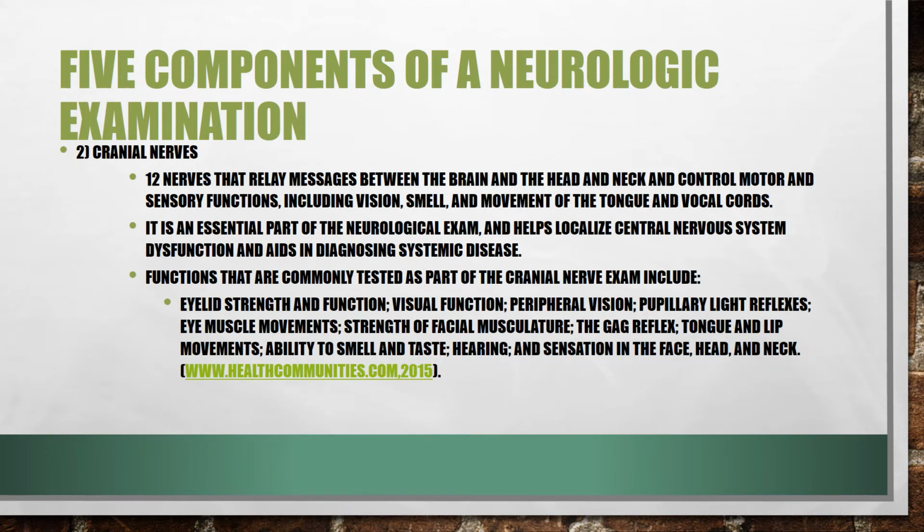Secondly, we're going to do a cranial nerve check. As we know, the cranial nerves are responsible for controlling sensory functions, vision, smell, movements, and the tongue and vocal cords. So we would get a little bit more in depth to see if there is any decrease in the functioning of any of those nerves that would point us in a better direction if there are some defects going on.